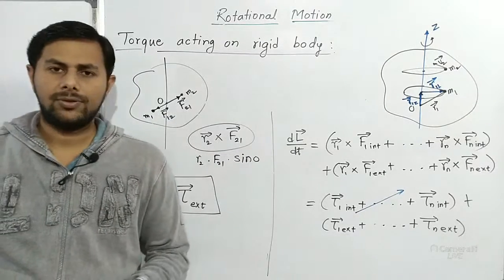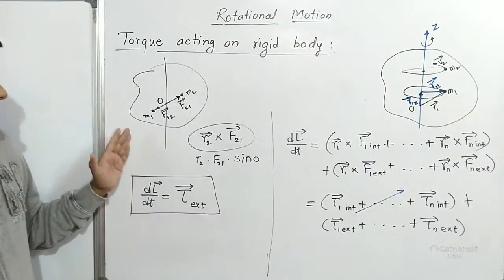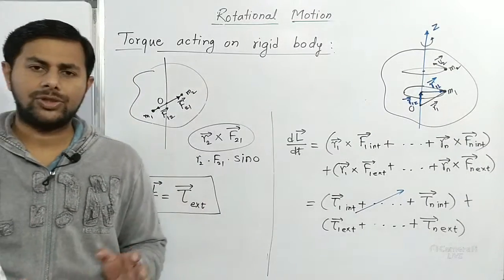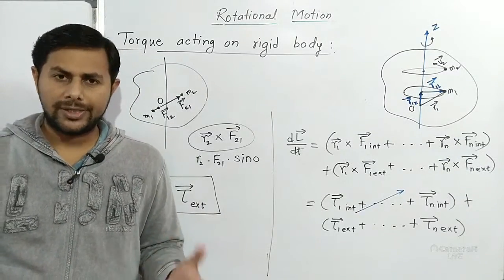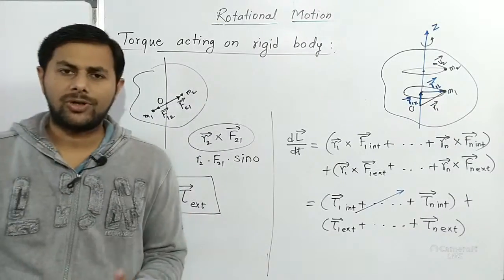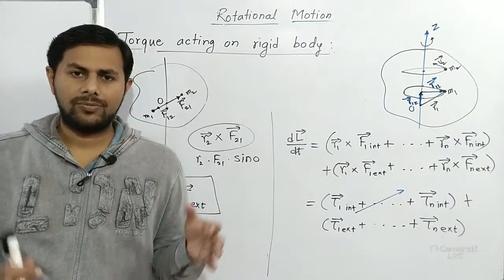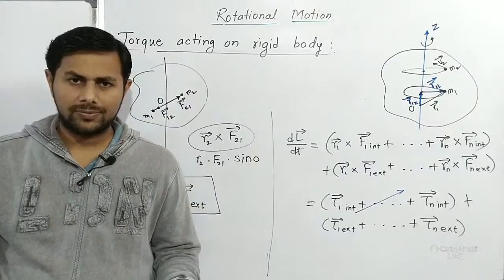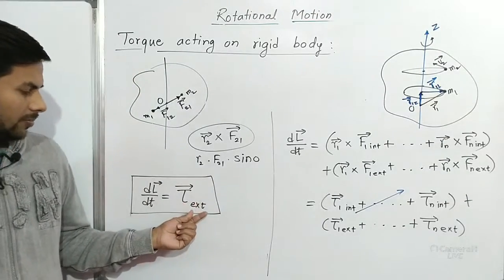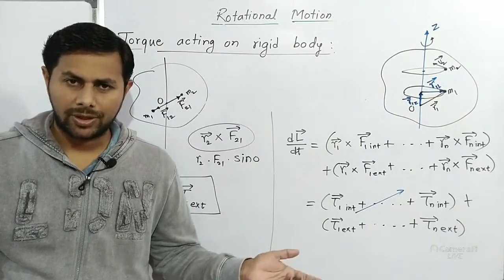Okay, so here comes the law of conservation of angular momentum for rigid bodies. For a rigid body, the angular momentum remains conserved in absence of external torque acting on the body.